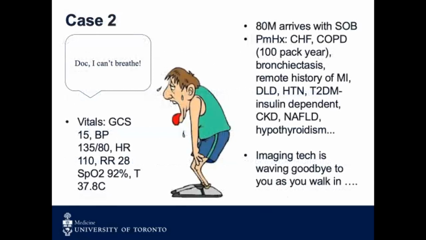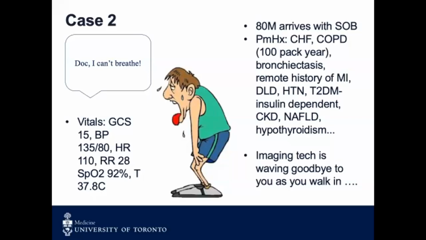Okay, case 2, I think we've all seen this type of patient. You're working in the emerge, and an 80-year-old man arrives with shortness of breath. You say, great, they have a lot of information on Connecting Ontario, and then you open it up and it's a scroll. You're in a more rural setting, where, as my emerge docs like to remind me, even in places in Ontario that you would not expect, there's no CT overnight, and oftentimes you have to call in the x-ray tech to do your images.